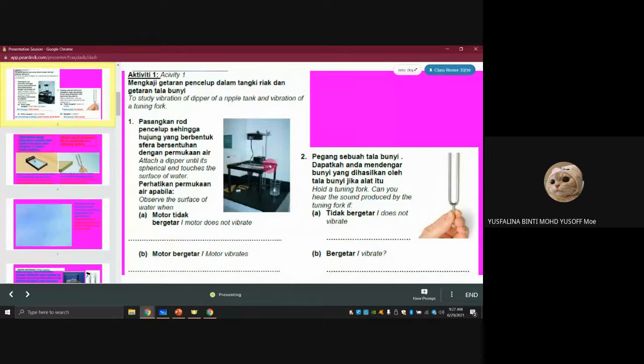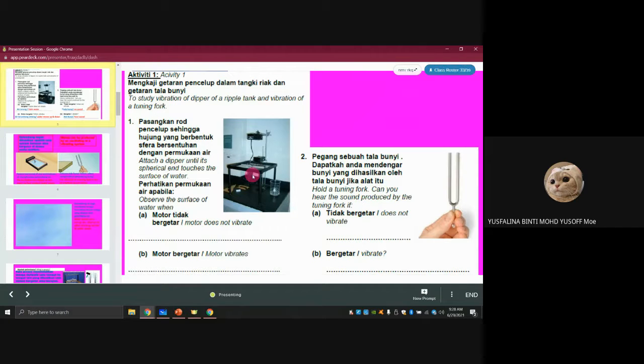This one is actually to produce the water wave. So later we will learn about the phenomenon of wave, such as refraction, reflection, and also diffraction and also interference. So there are four types of phenomenon in wave.